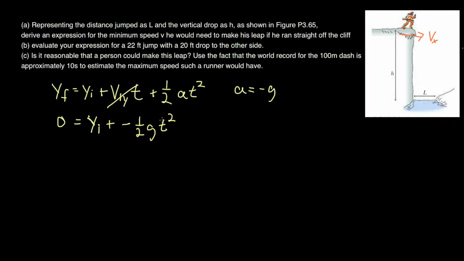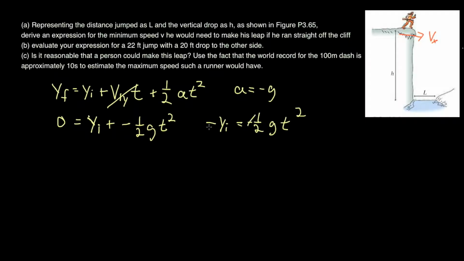Okay, now we just want to solve for t, because we want to find out the time it took him to get from the top to the bottom, so that we can plug it in to find the initial velocity that he left the cliff with. So let's rearrange this equation and solve for t. Subtract y_i from both sides. So negative y_i is equal to negative 1/2 g t squared.